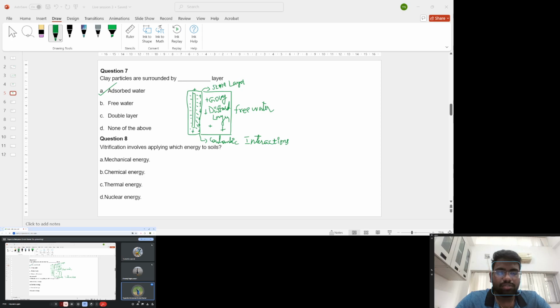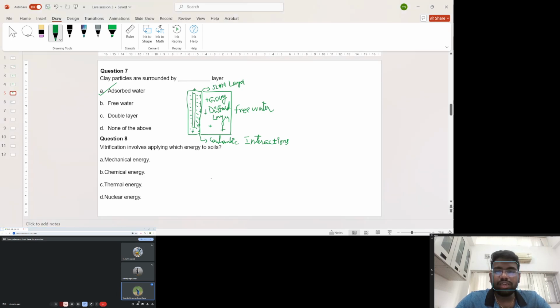Vitrification essentially means that by imparting very high temperatures and thermal energy, you heat the clays at a very high temperature to make them a very brittle material, right? That is what vitrification is. So, as you said, vitrification involves applying thermal energy to soils.